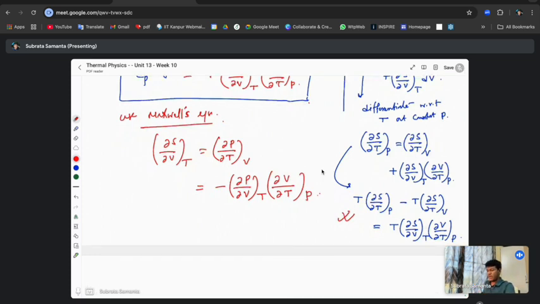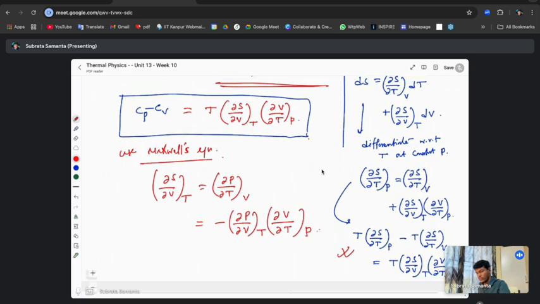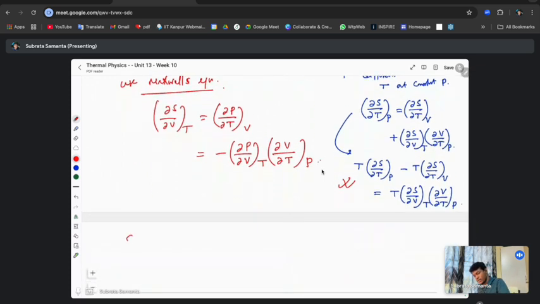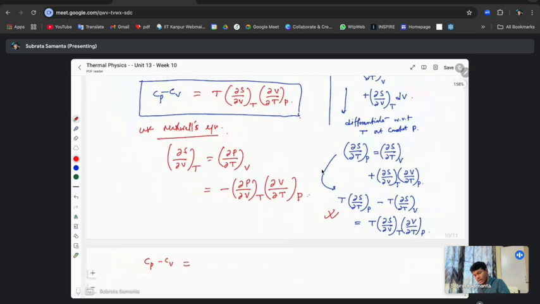Right. Now we plug this into this equation. So now Cp minus Cv is basically minus T times del H del V at constant T, basically this.